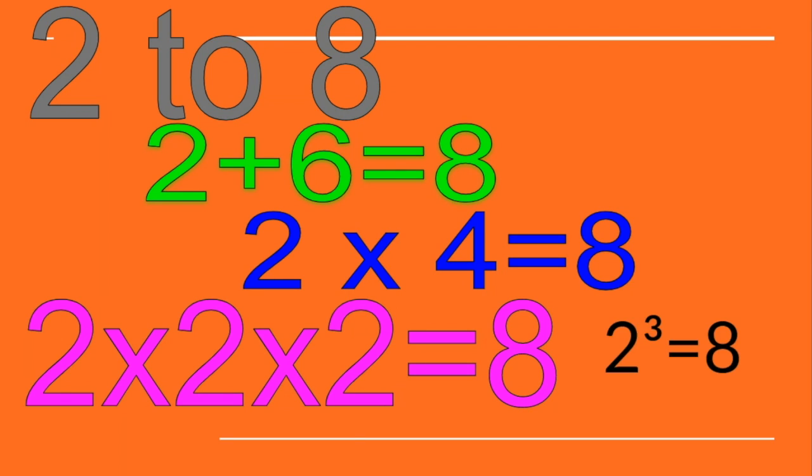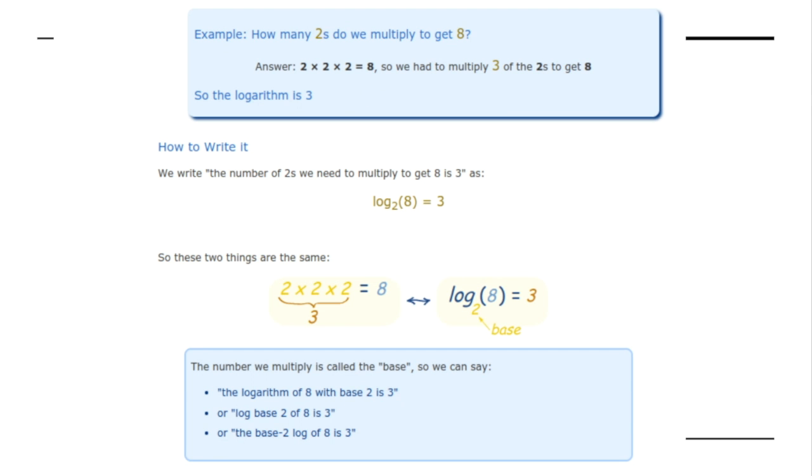So 2 cubed, 2 times 2 times 2, is equal to 8. Now I could also write that as a logarithm. 2 times 2 times 2 is 8, so we had to multiply 3 sets of 2's to get 8. So my logarithm is 3.